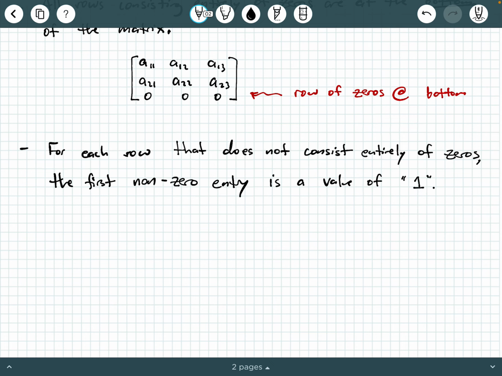Okay, so let's think about this. Let's say we're dealing with rows that are not entirely zeros. So again, let's maybe look at a matrix here.